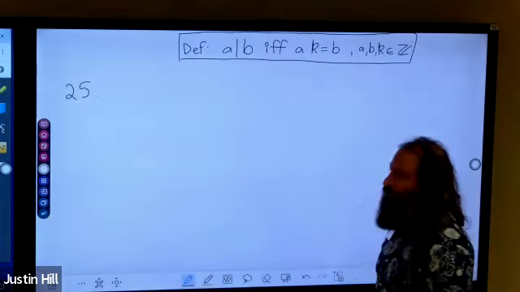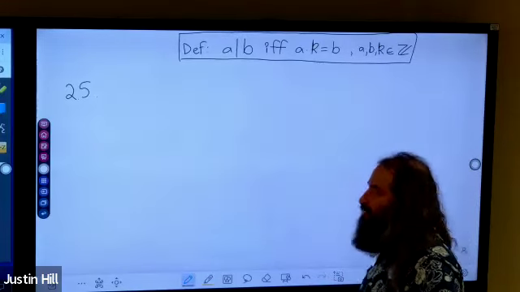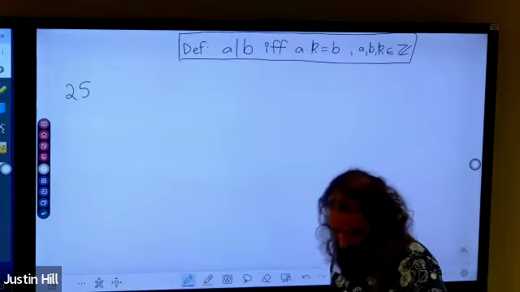In 25, we're trying to prove for all integers a, b, and c, if a is a factor of c and b is a factor of c, then a times b is a factor of c.